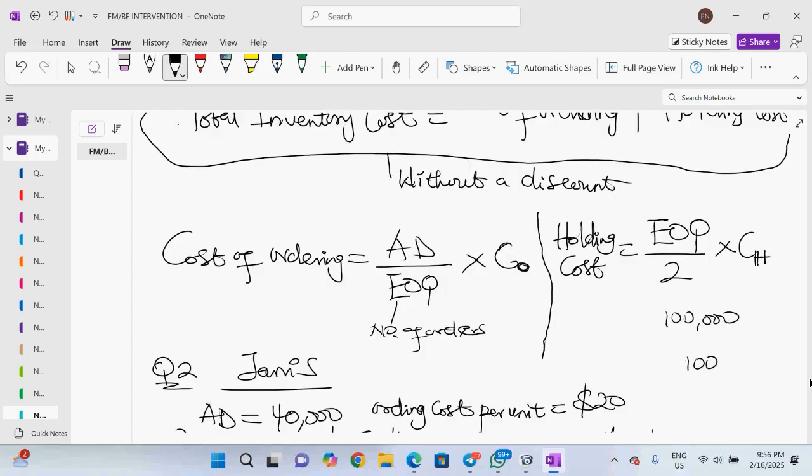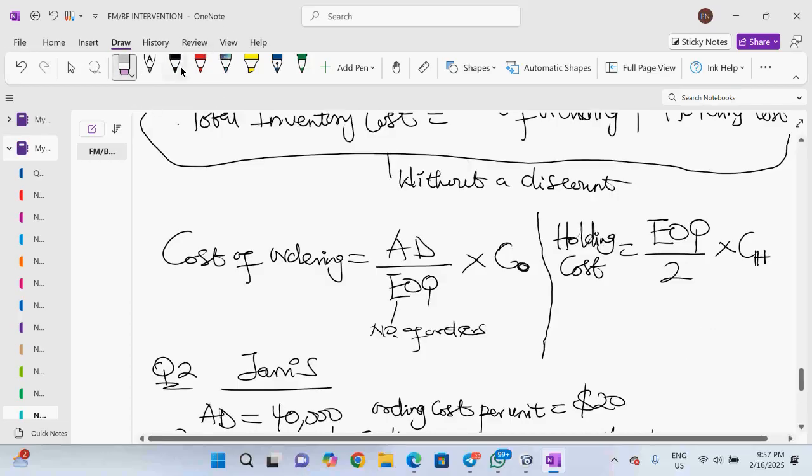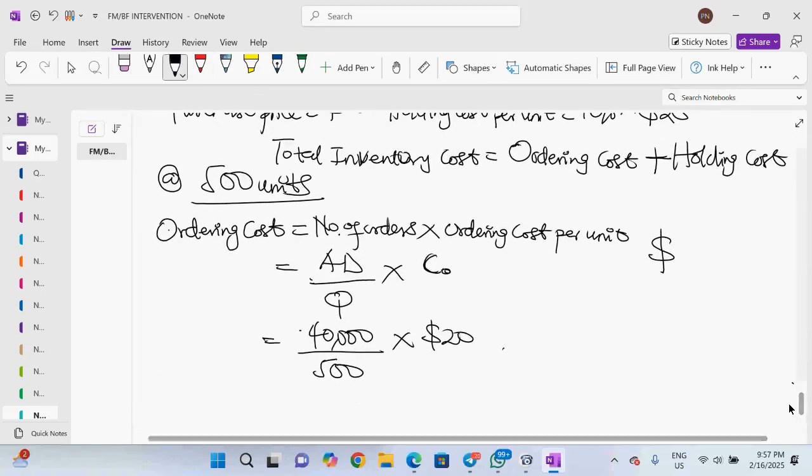If you order the first 100, that is one order, another 100 is the second order, another 100 is the third order. So that is the number of orders. That is why the formula says the number of orders is AD over Q, because I'm not using the EOQ, times the ordering cost per order.